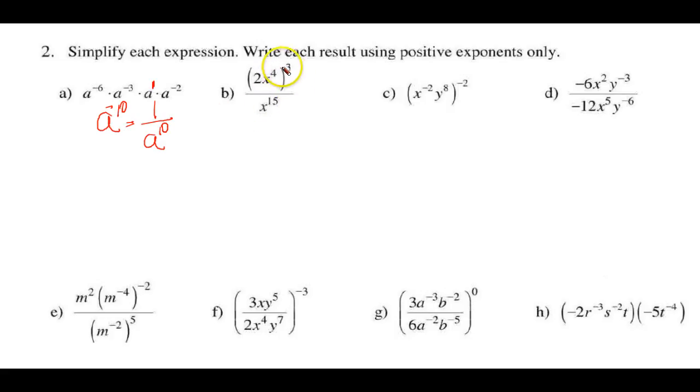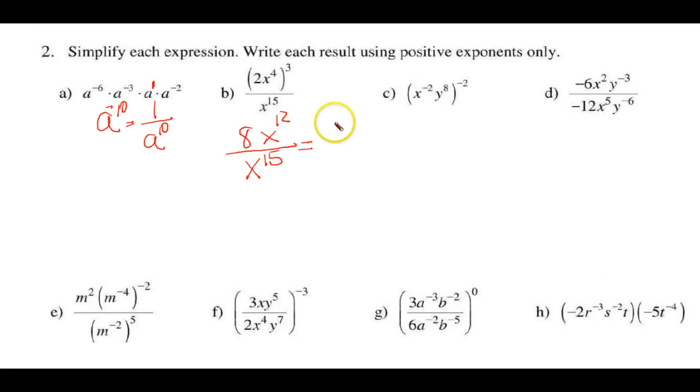Now here we don't have any negative exponents, but we're asked to simplify this. So 2 to the third is 8. X to the fourth raised to the third power is x to the 12th over x to the 15th.